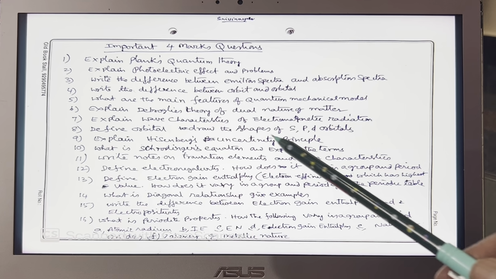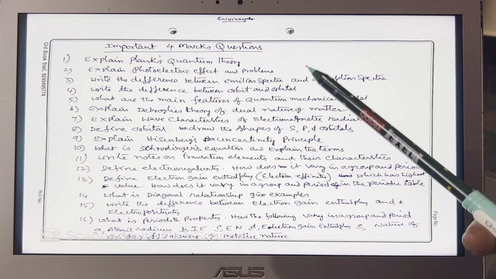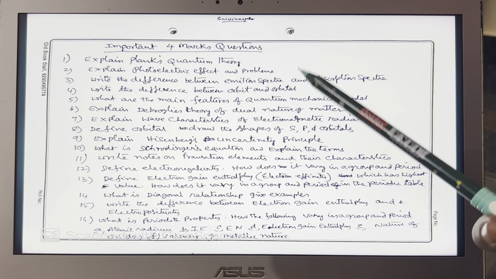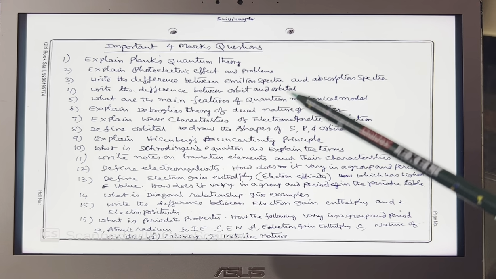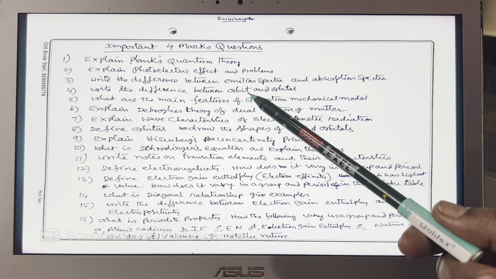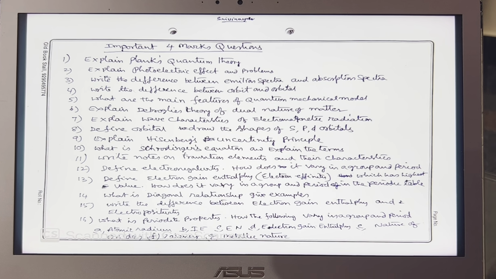Explain Heisenberg uncertainty principle. So, 8 marks questions were already given, but sometimes 8 marks questions will be given as A, B, C. A, Heisenberg principle, B, difference between orbit and orbital, C, Planck's quantum theory.